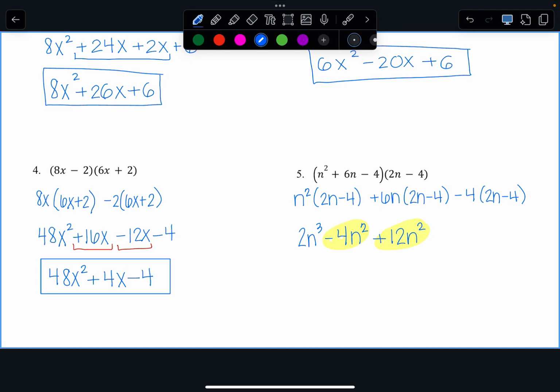And then 6n times negative 4 is a negative 24n. And then negative 4 times 2n is a negative 8n. Which these 2 pieces have the same letters. And negative 4 times negative 4 is a positive 16.